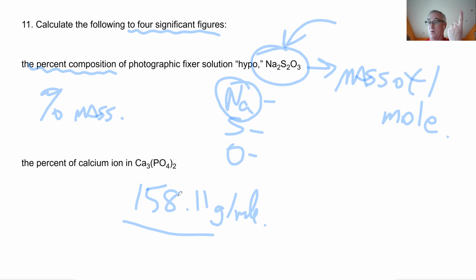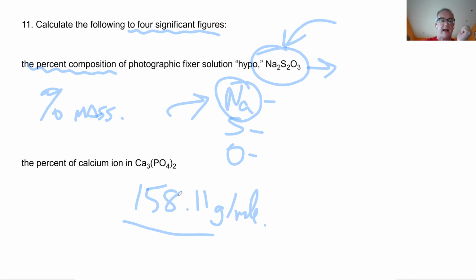So out of that mole, how much of that mass is sodium? How would we figure that out? First question is, if I have a mole of fixer, how many moles of sodium do I have in that mole of the compound?